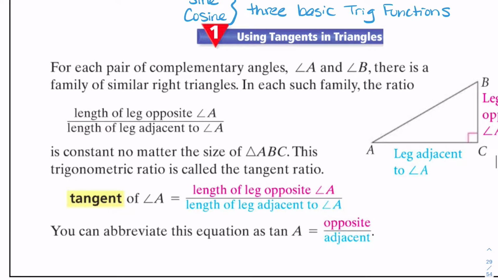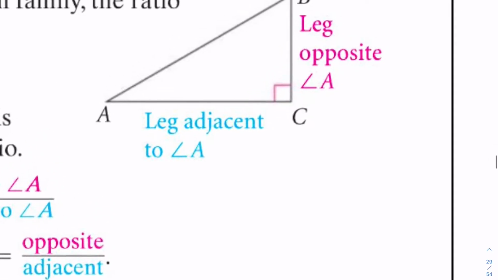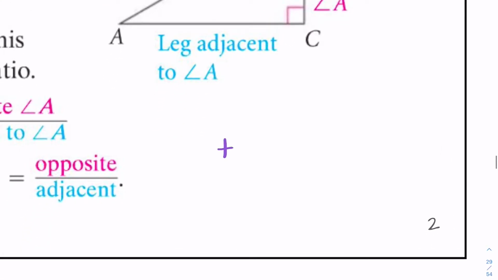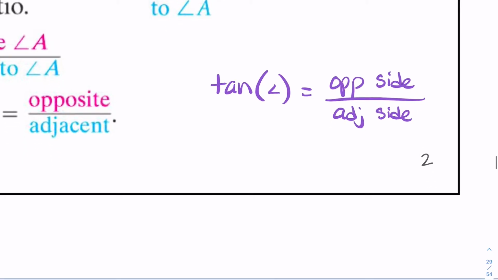So there is a family of similar right triangles. In each such family, the ratio of the length of the leg opposite A to the length of the leg adjacent to A is equivalent to the tangent of A. So what we're saying here is that the tangent of any angle is equal to the opposite side over the adjacent side, making tangent simply equal to opposite over adjacent.